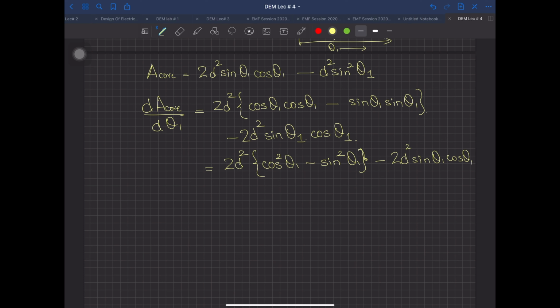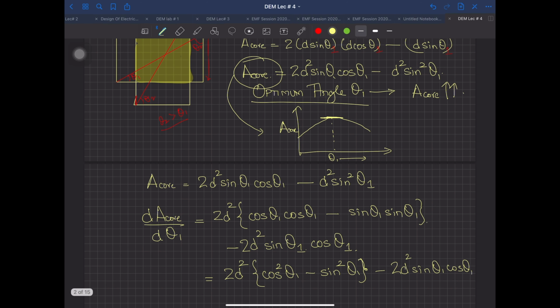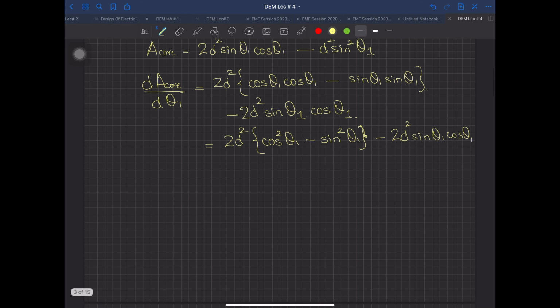Now I need to find the optimum angle, so I will have to make the slope of this curve equal to 0. This means the derivative has to be equated to 0.